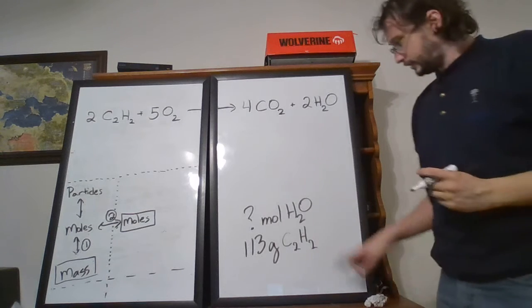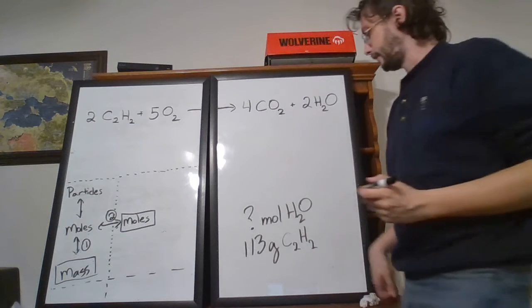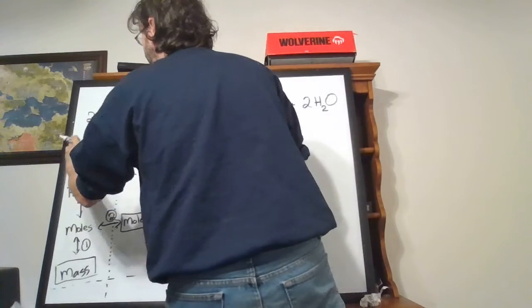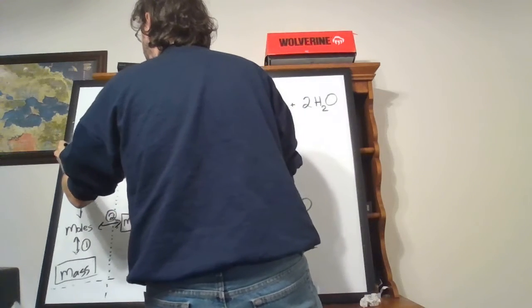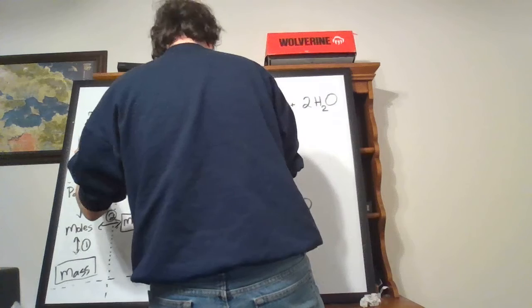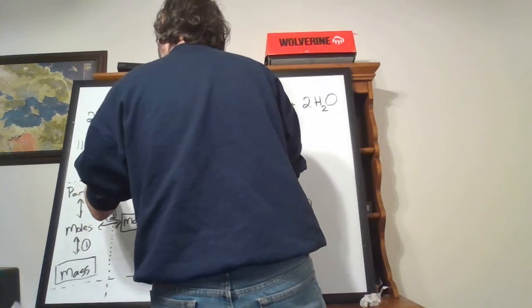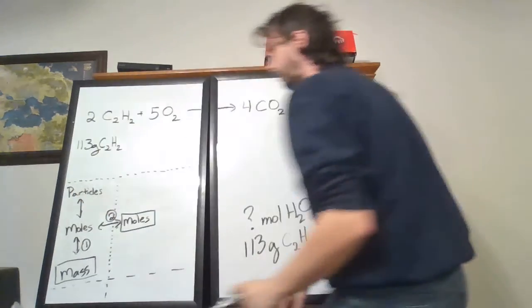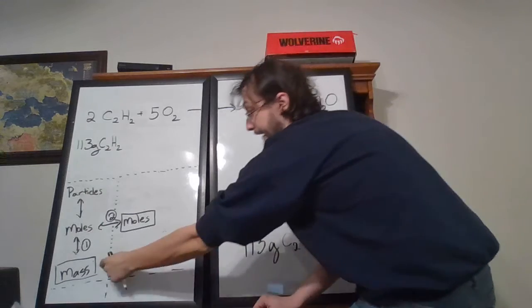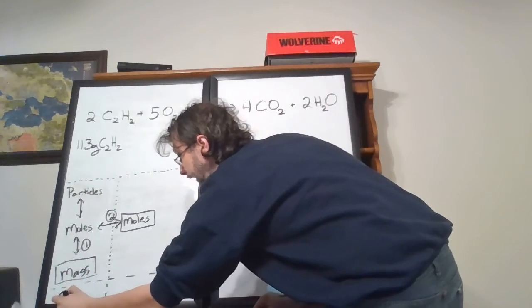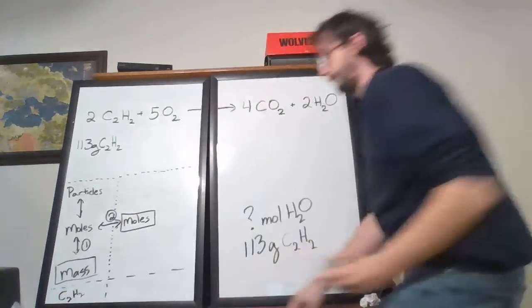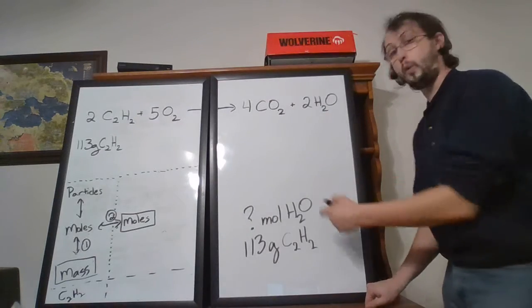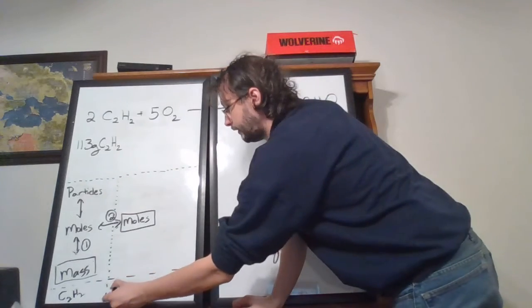So let's start by writing out what they gave us, 113 grams of acetylene. Now we're starting with grams of acetylene, that's mass. So let's put acetylene, C2H2, on the bottom down here. And you know what we're going to? We're going to water. So let's put water on the other side.